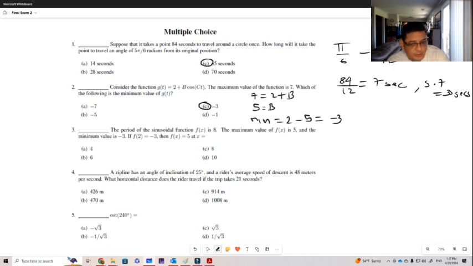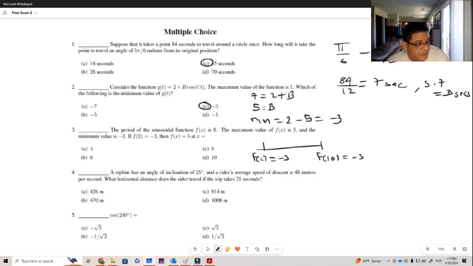So now we can make a line here and put these values. f of 2 is minus 3, and because the period is 8, we know that at f of 10 we're going to have minus 3 again.